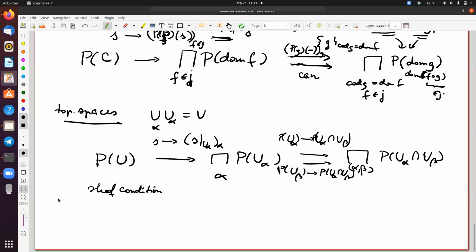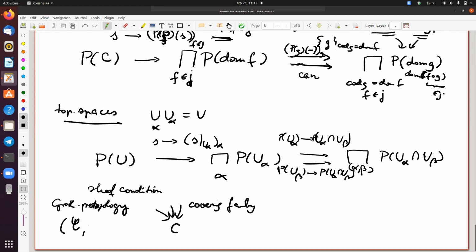And then there is a notion of Grothendieck pre-topology. I will say more tomorrow, or a basis for Grothendieck topology. So these will be families, which are also called covering families of an object. If you have an object C, again you have a category, and you will have a pre-topology.